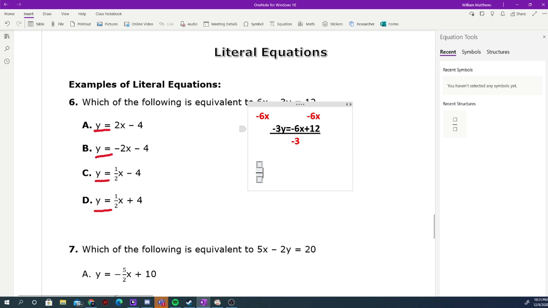Now in this case, we divide by the negative 3. It leaves us with 1y, which is just y, equals this negative 6 divided by the negative 3 becomes a positive 2x. And then our 12, positive 12, divided by a negative 3 becomes a negative 4.